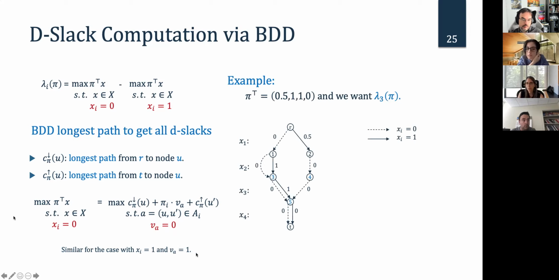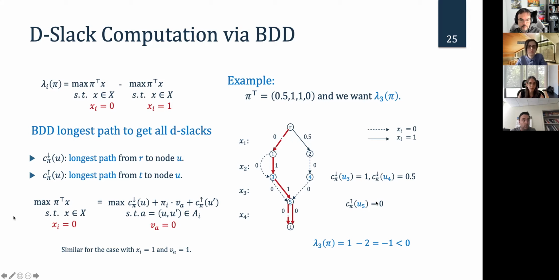So here I have a small example for this. We have, for instance, the original constraint with pi as follows. We compute the longest path everywhere. So what I'm going to do is, for instance, trying to compute this lambda 3, the disjunction for the third variable. So I compute the shortest path from R to node 3, node 4, and from T to node 5.